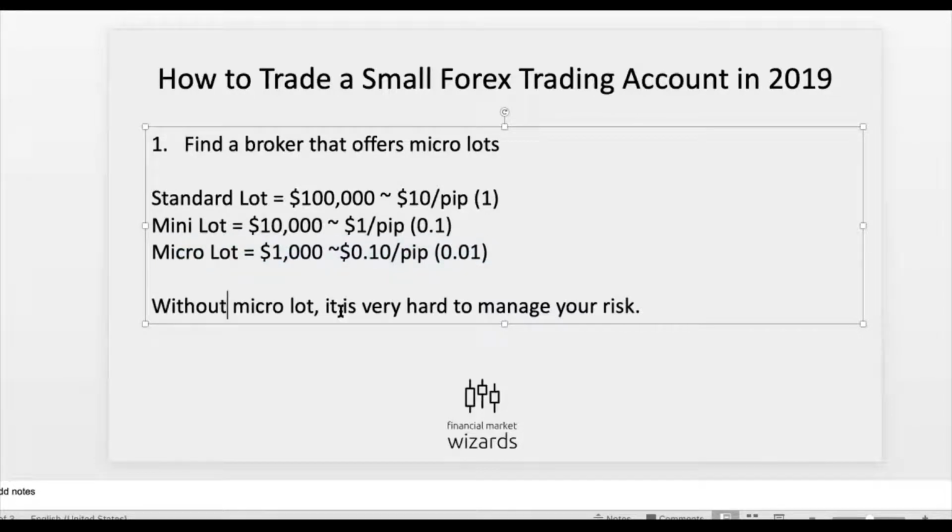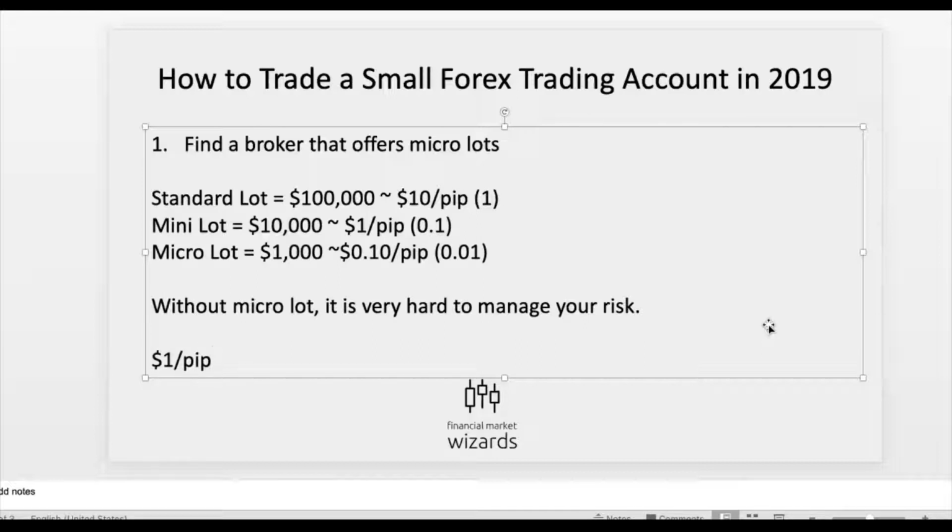Let me explain what I mean by without micro lots, it's very hard to manage your risk. Let's say your brokerage only allows you to trade this, correct? And you have a $500 account. So you are trading $1 per pip and you have a $500 account. That means every trade is worth $1 per pip.